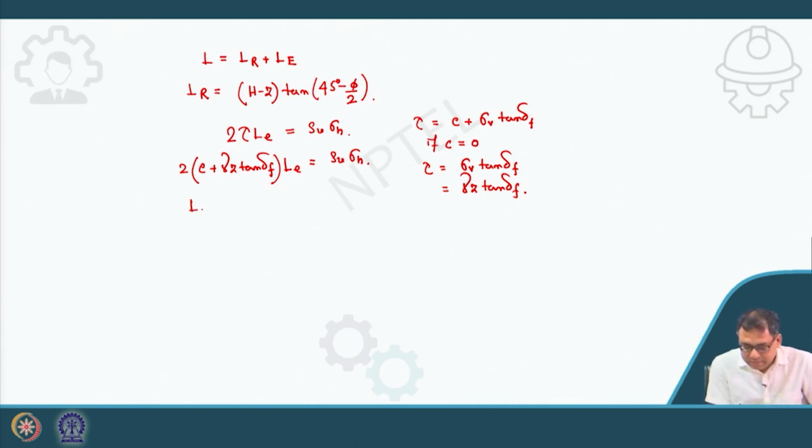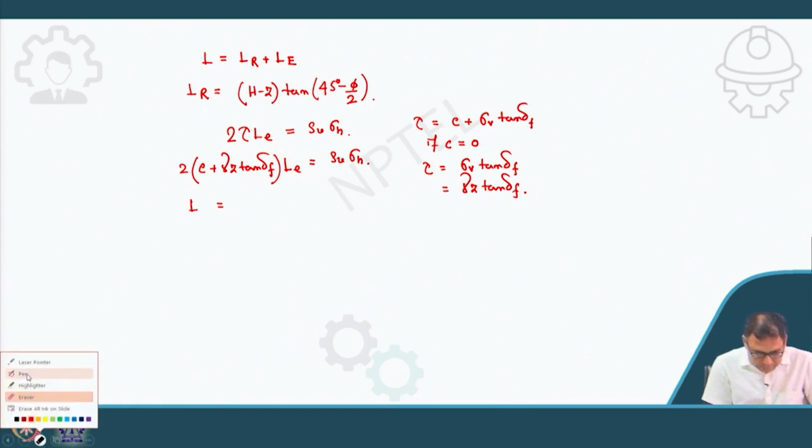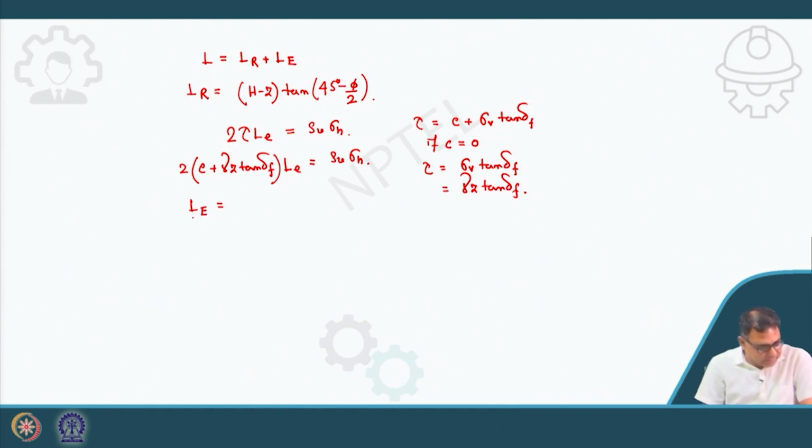So, LE is equal to SB into sigma h divided by 2 into C plus gamma Z tan delta f.